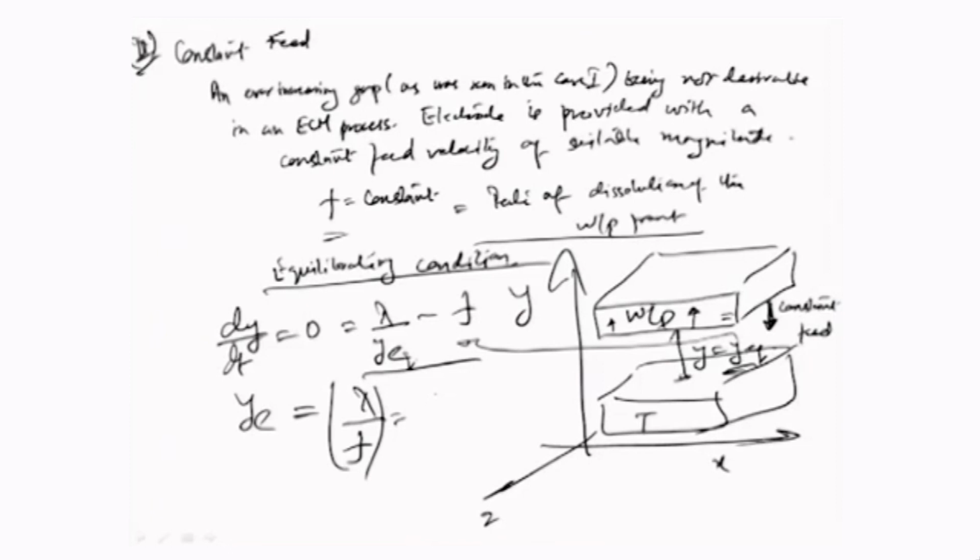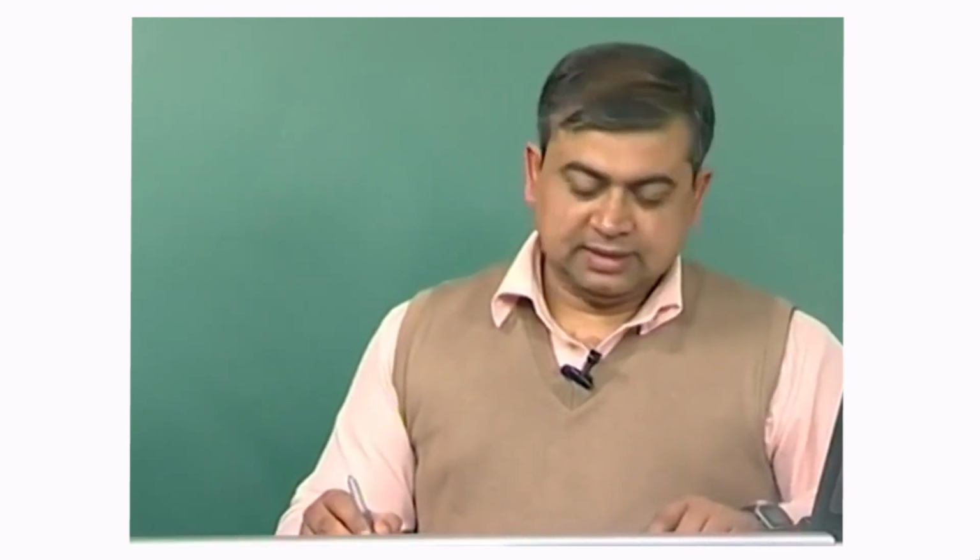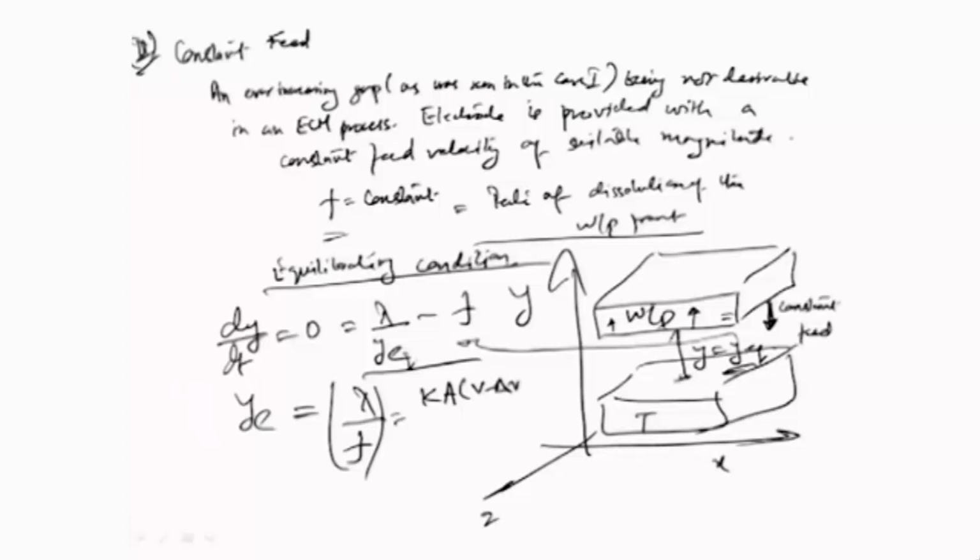Since there is a specific value of lambda, it can be represented as k times A times V minus delta V, the total potential minus the over potential, divided by rho Z times F, the Faraday constant, times f. That is how the equilibrium gap would look between the tool and the workpiece surface, and because of that the condition of equilibrium comes into the picture.